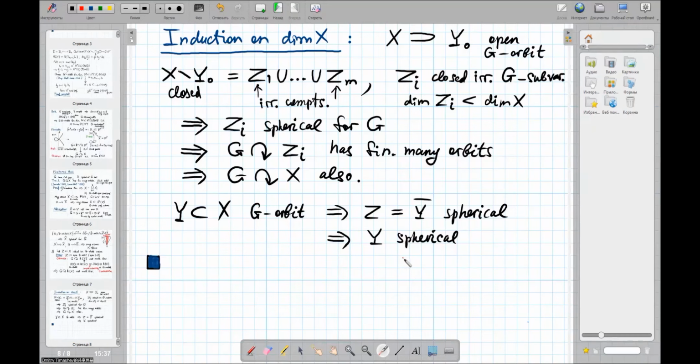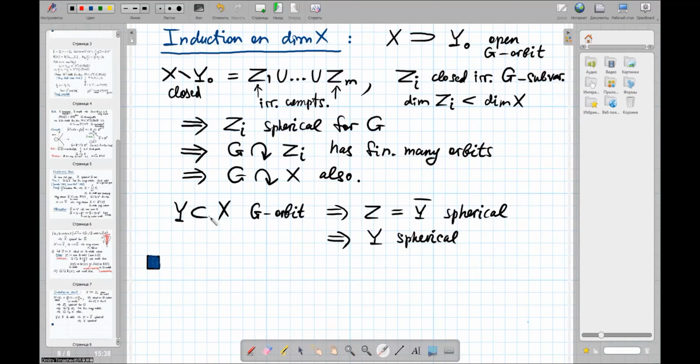Professor, can I ask about the last two lines here? What do you prove here?